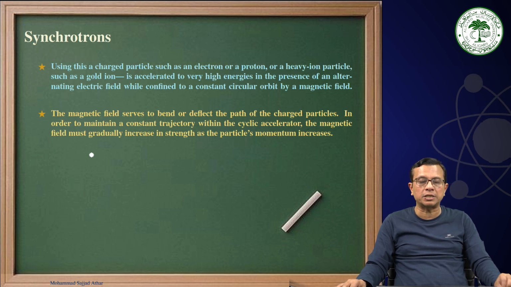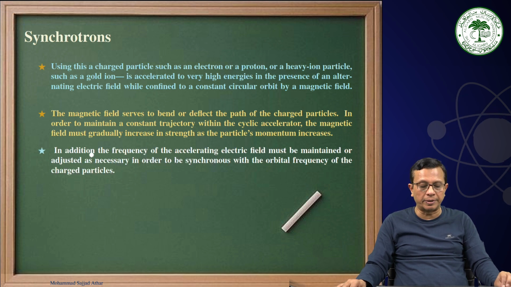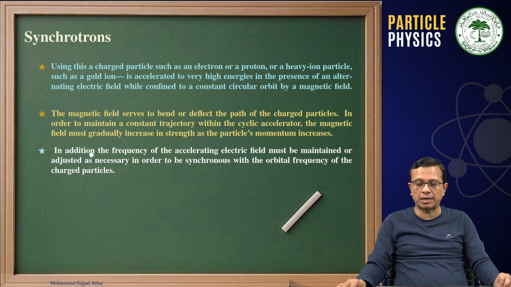The magnetic field must gradually increase in strength as the particle's momentum increases. In addition, the frequency of the accelerating electric field must be maintained or adjusted as necessary in order to be synchronous with the orbital frequency of the charged particle.